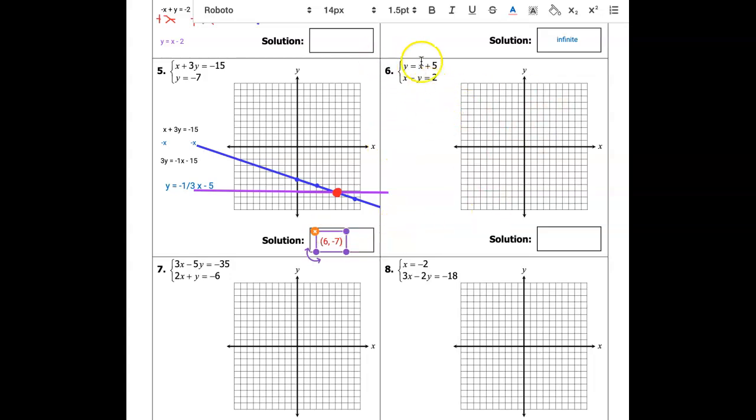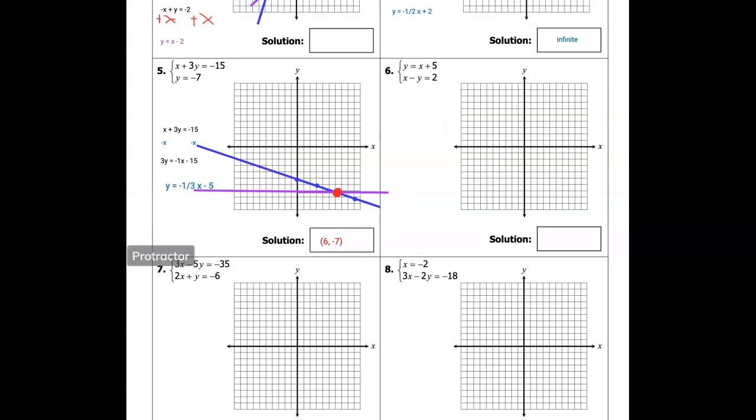And then for the last one, first equation's ready to go. So I'm going to go up 5, put my dot. My slope is 1, so up 1 over 1, and draw our line through those points. And then for the second equation, we are going to rewrite it.